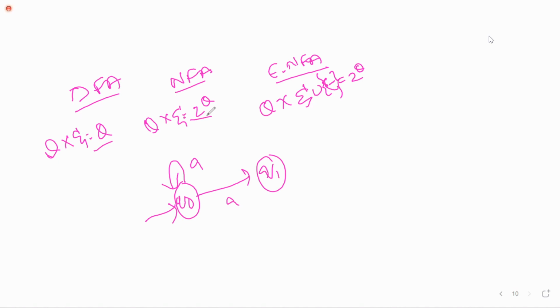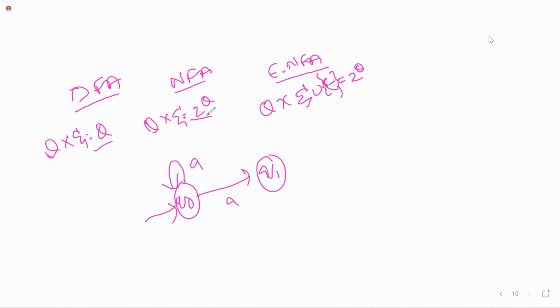Ma'am, I have a doubt. NFA has more advantages when compared to DFA, right? Is there any advantage of DFA over NFA? Seema, here we did not discuss the advantages and disadvantages. Both computing power is same.